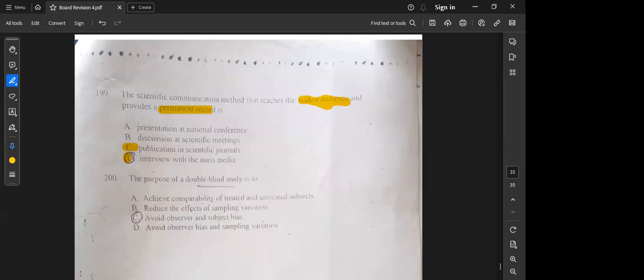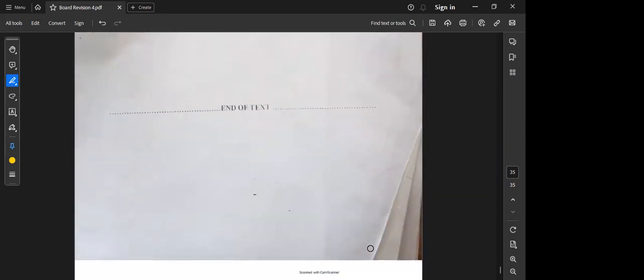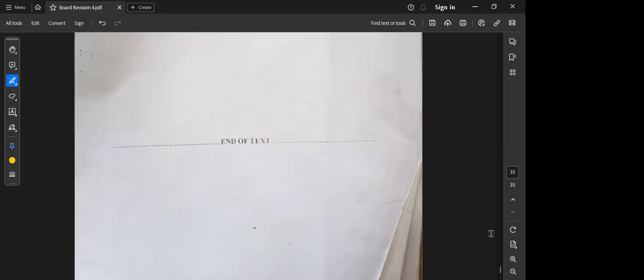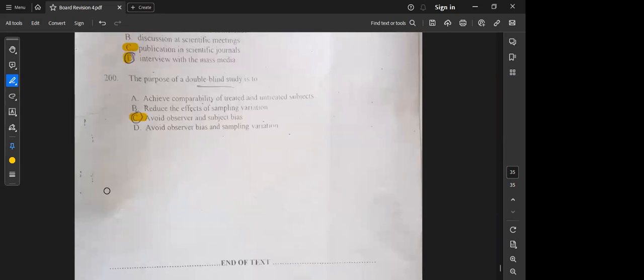Personally, I think this is the correct answer because basically the observer and the subject don't know what drug is being tested on them, for example.